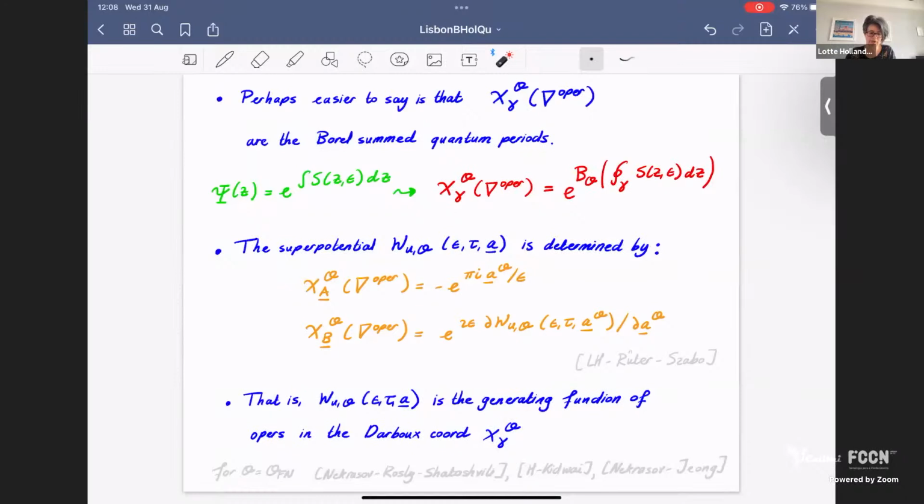And in terms of these coordinates, the superpotential, which was the generating function of the difference of these complex Lagrangians in the Hitchin moduli space, and which was defined in terms of the geometry of this Hitchin moduli space, now has a very simple form.